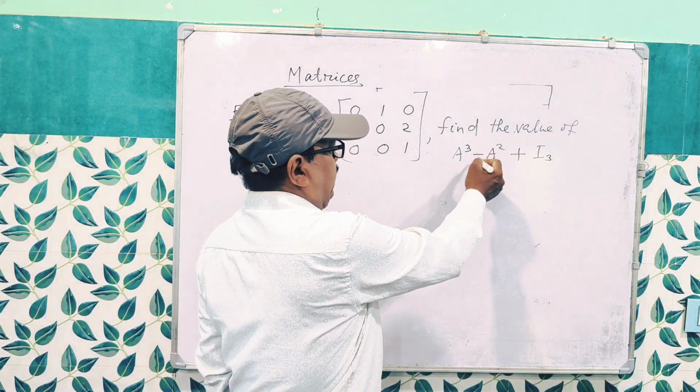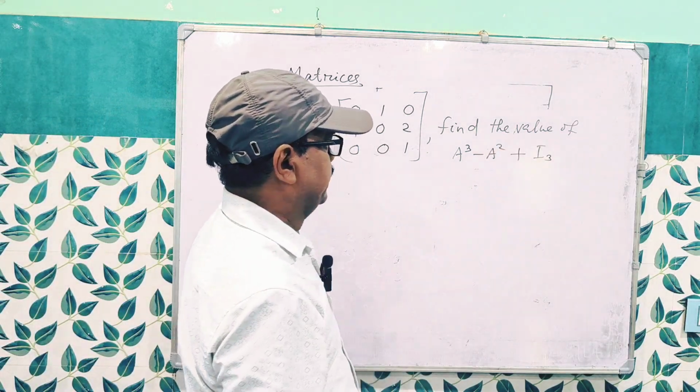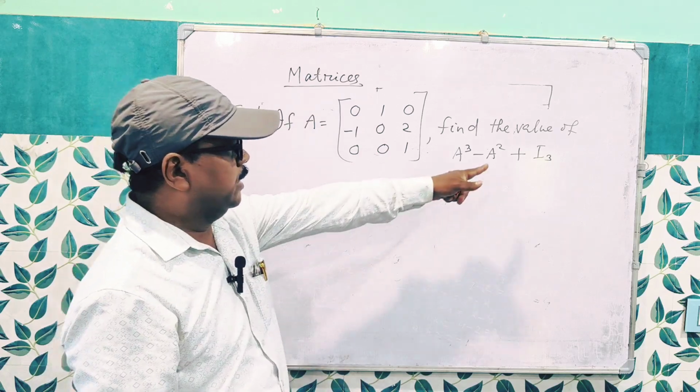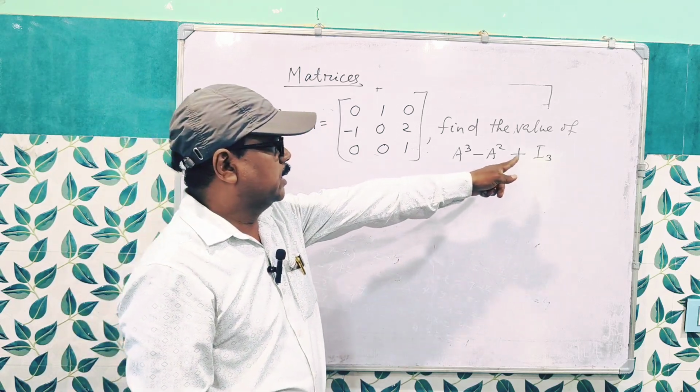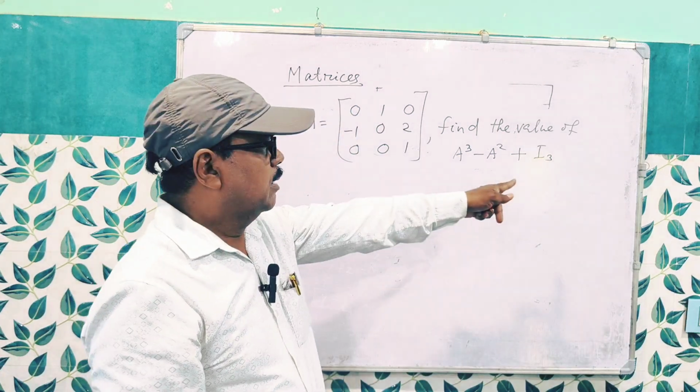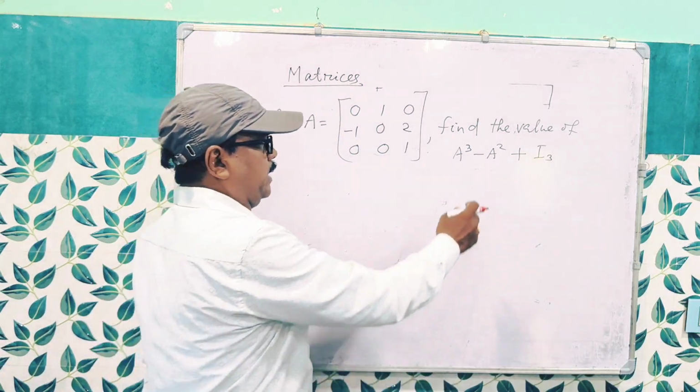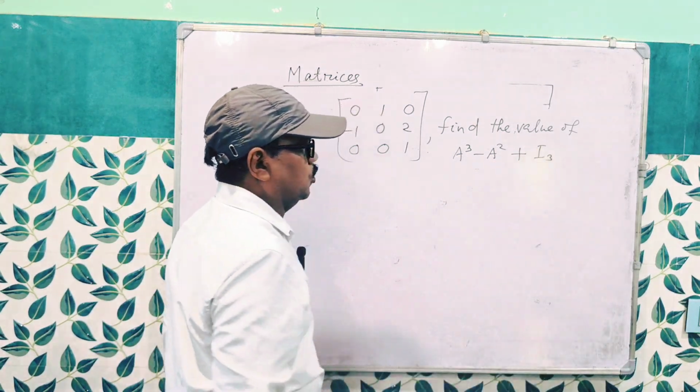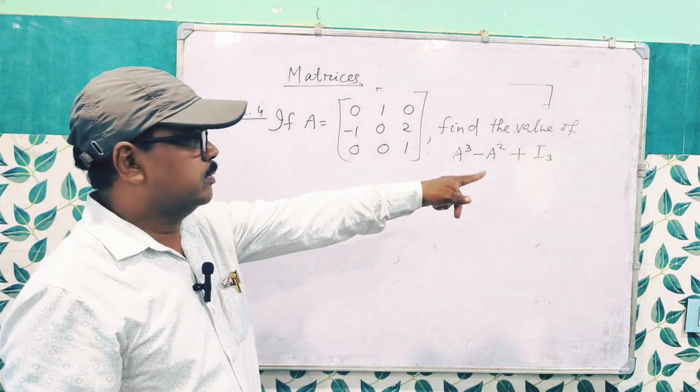Find the value of A cube minus A square plus I3. Here I3 means the identity matrix of order 3. Since I is the identity matrix, so I3 is the identity matrix of order 3.